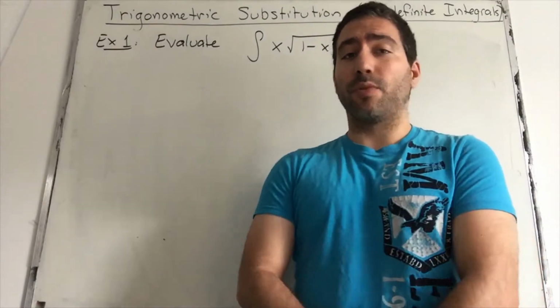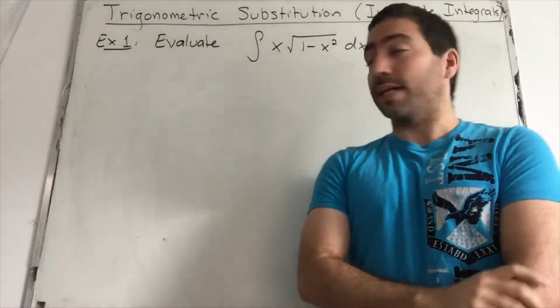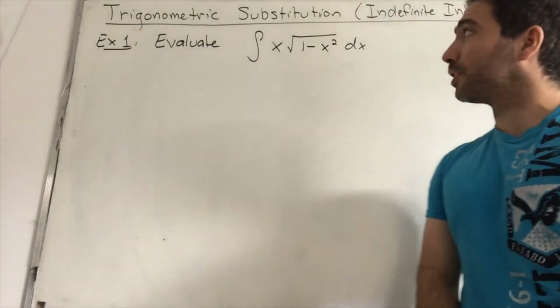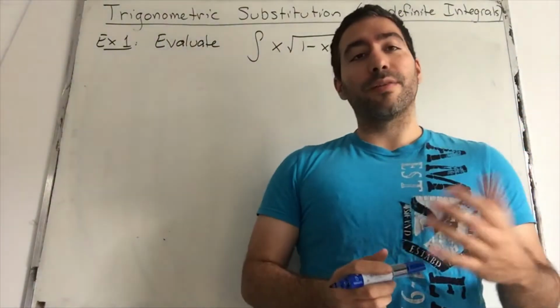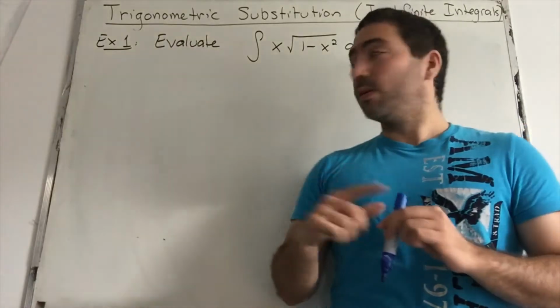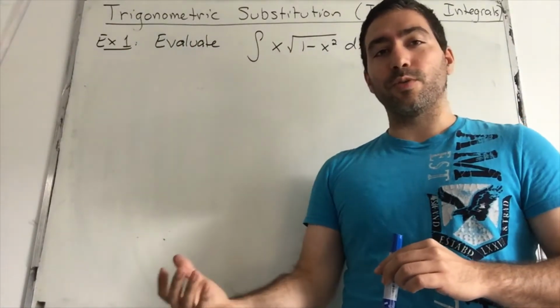So in our first example over here, it says to evaluate the integral x times the square root of 1 minus x squared dx. So this is a trigonometric substitution problem, but this is my advice. If it says to evaluate and it doesn't specify how, before I do a trig substitution, I'm doing a u substitution.